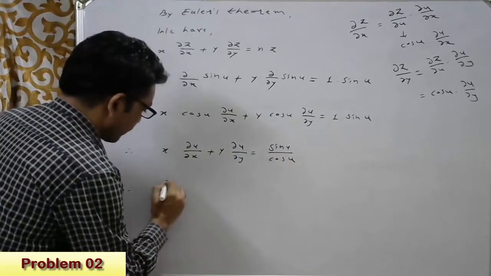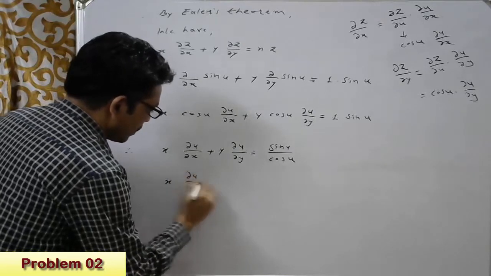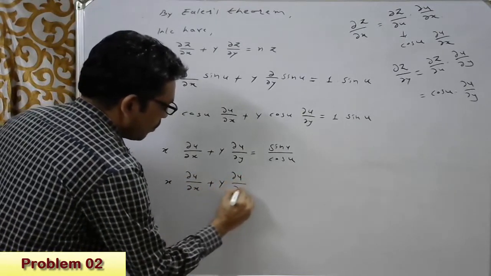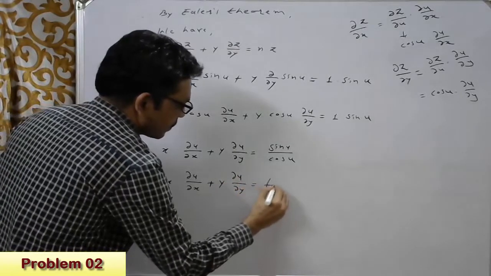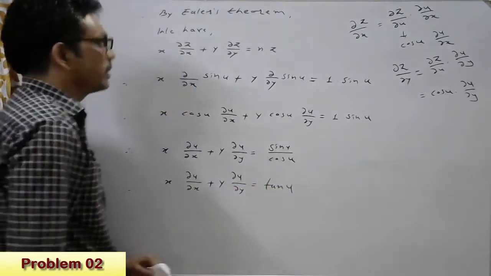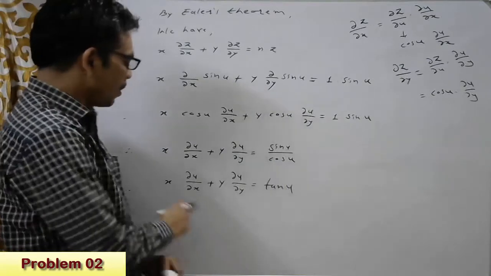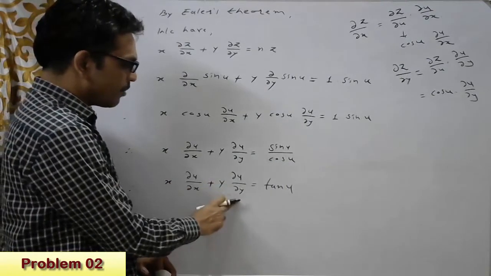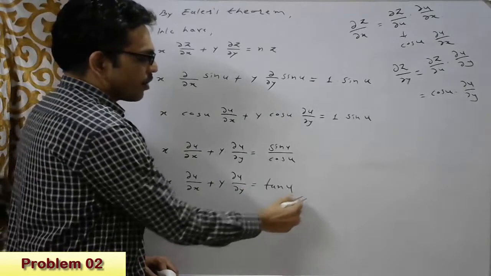Therefore, x into del u by del x plus y into del u by del y is equal to tan of u. So the value of x into del u by del x plus y into del u by del y is equal to tan of u.